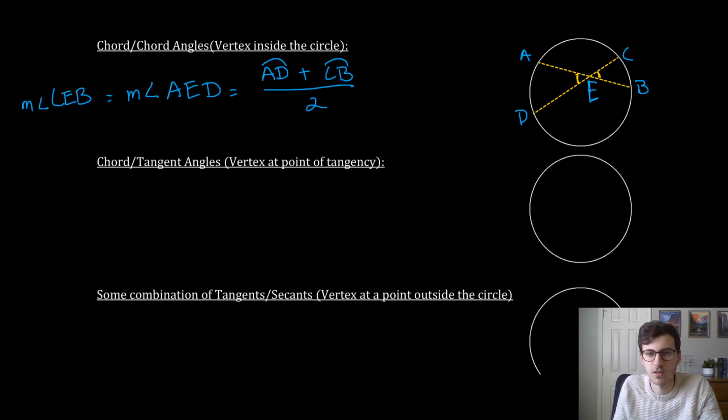We could draw it like this. So I have a line, a line like right here, and a chord that goes through the circle. Like that.